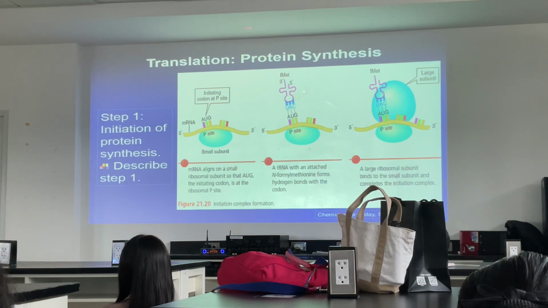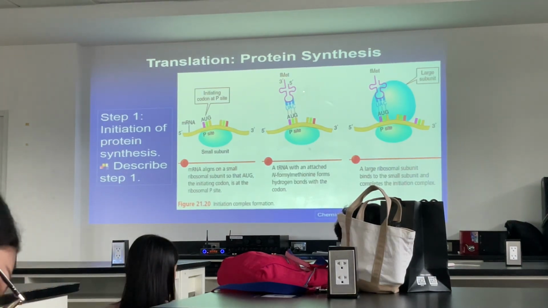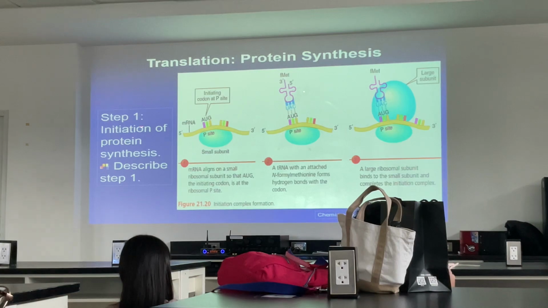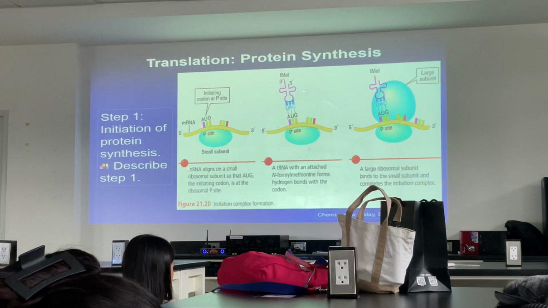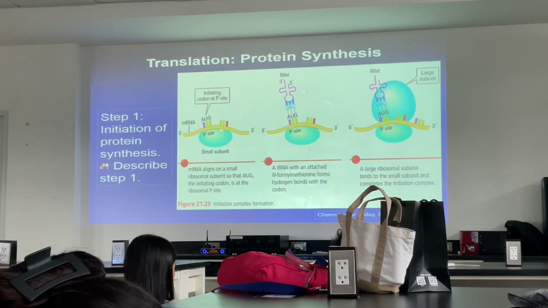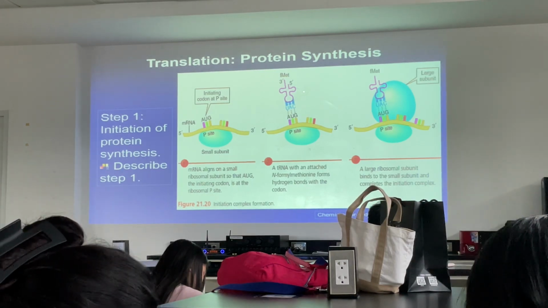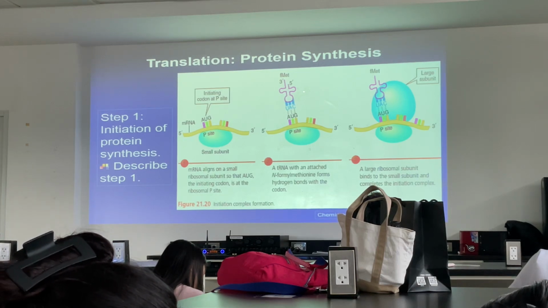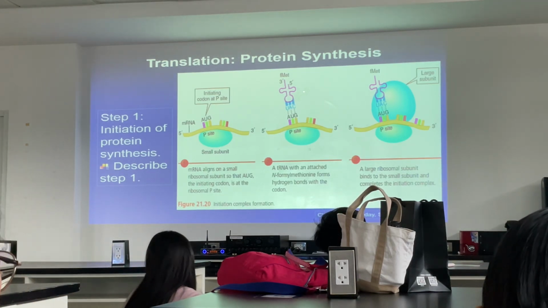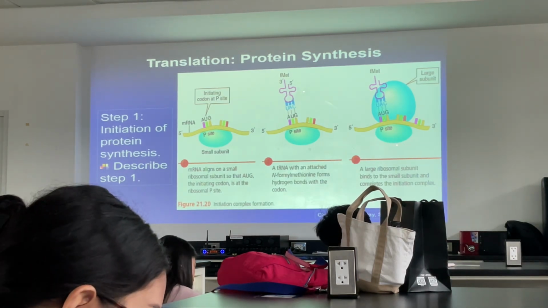We'll now discuss translation. What is step 1? Step 1 is initiation of protein synthesis. What is happening during step 1? Look at step 1 here. The mRNA molecule will align itself on the small subunit of the ribosome. Ribosomes, when they are functional, carrying out protein synthesis, are composed of two subunits, the large subunit and the small subunit.